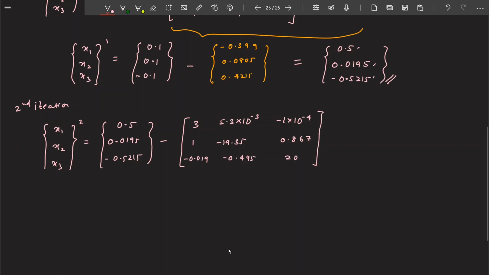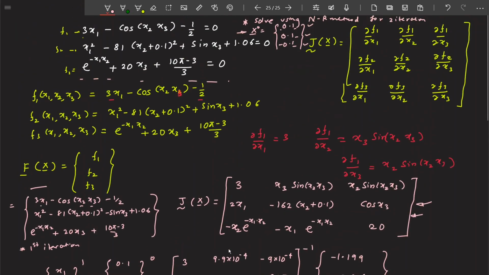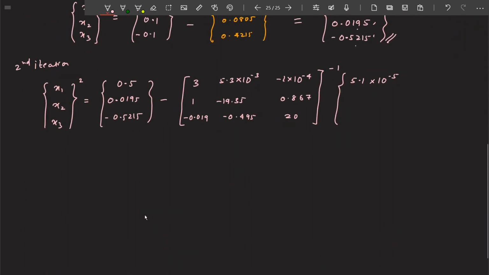and you have to take the inverse of this. Please understand this. To take the inverse of the Jacobian, again substitute these values in this equation.